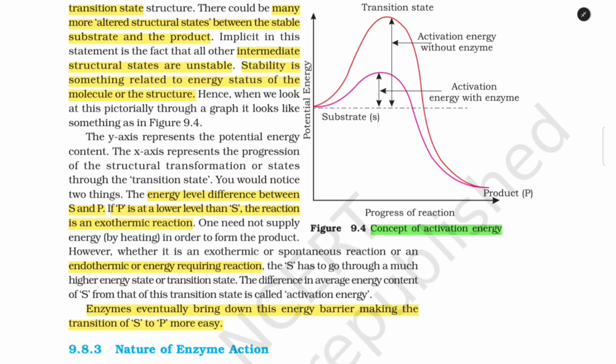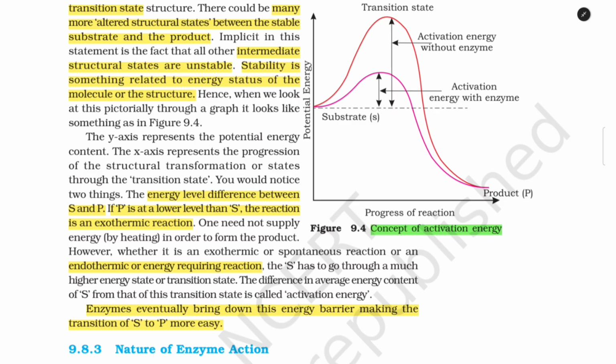the transition state. You would notice two things: the energy level difference between the S and P. If P is at a lower level than S, the reaction is an exothermic reaction. One need not supply energy by heating in order to form the product.